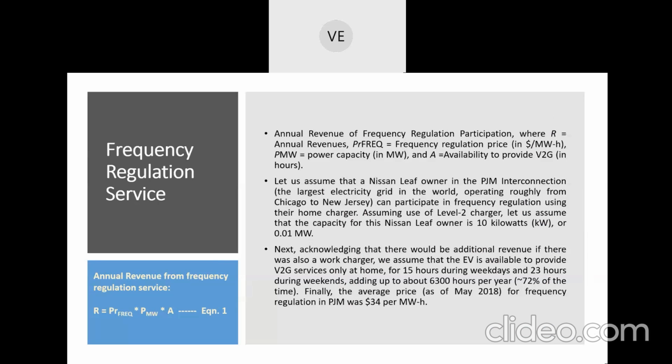Because if a considerable section, a dominant section of society is using EVs, then from more of the parking lots, this particular frequency support can be provided. So that is kind of ancillary service. Ancillary service in the sense it's a supplementary service. Other than the normal energy transactions, a supplementary service can be voltage regulation, frequency regulation, or islanding support, or whatever. So for these things, the consumer is paid.